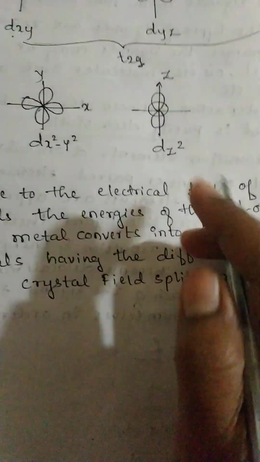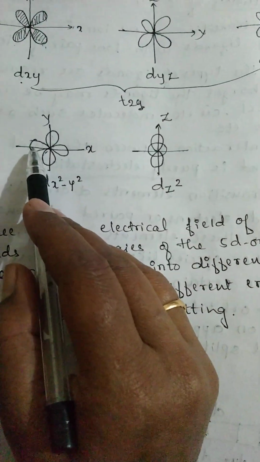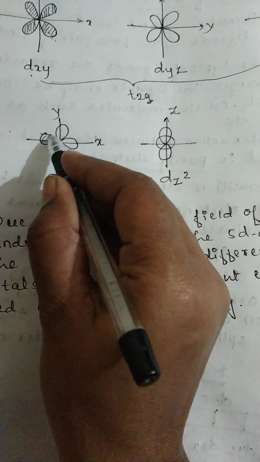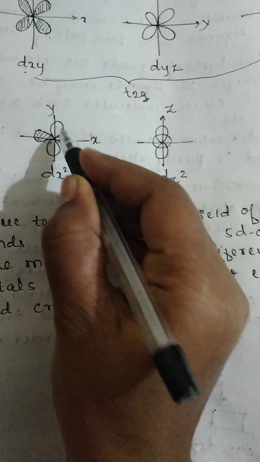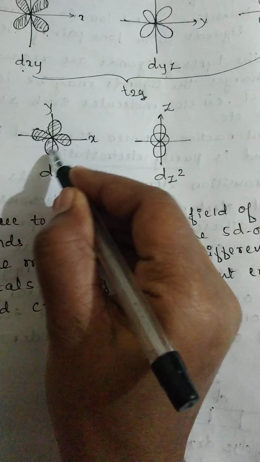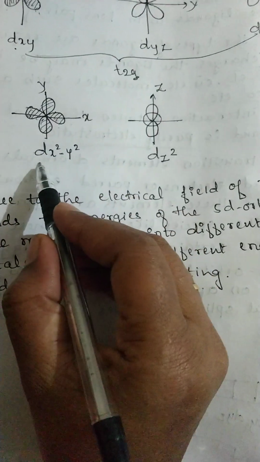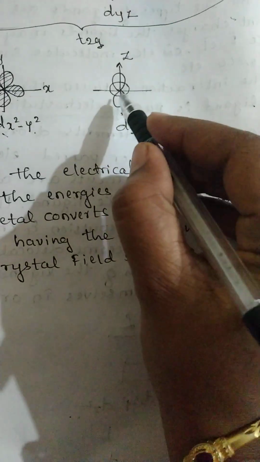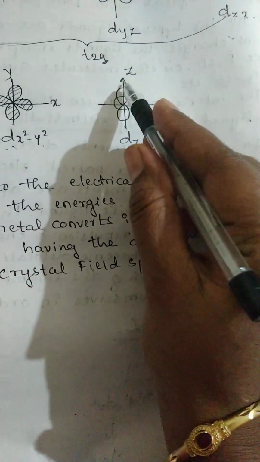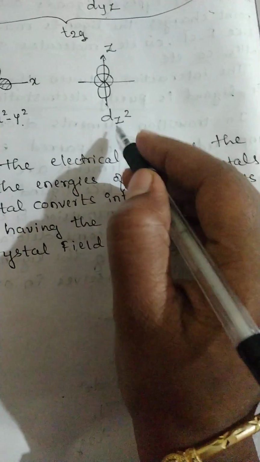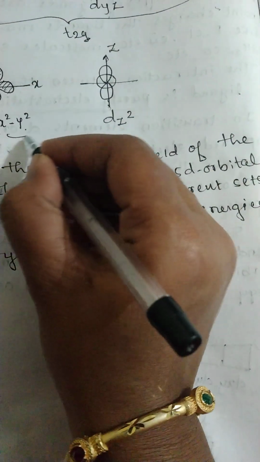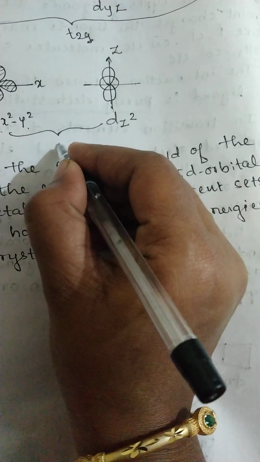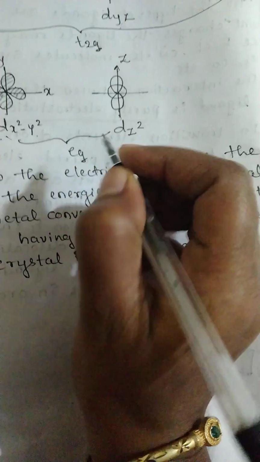The other two have lobes along the axes: dx square minus y square along the x and y axes, and dz square along the z axis. This set is called the Eg set.